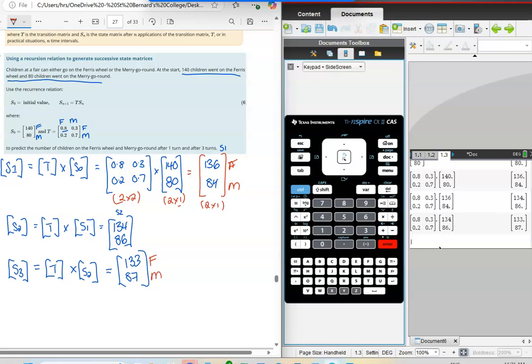So when it says predict the number of children after 1 turn and 3 turns, if you pop that up here, you could say after 1 turn, we had 136 on the Ferris, and then 84 on the merry-go-round, and then down here, after 3 turns, if we were writing an answer, there's 133 on the Ferris, and 87 on the merry. We can shorten it, that's okay. All right, so I'm going to pause.